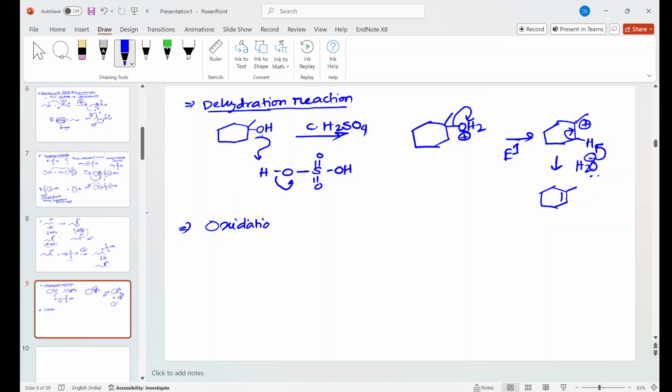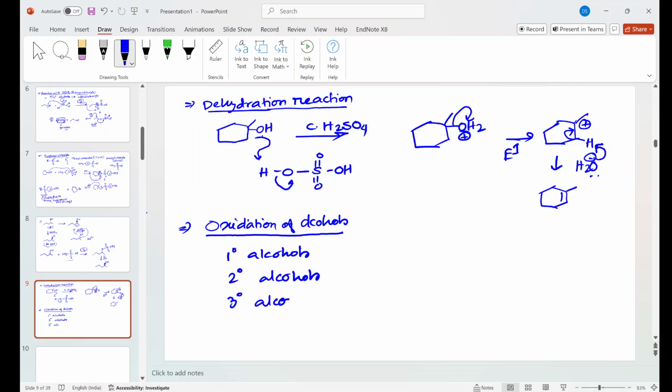oxidation of alcohol. We need to keep in mind that there are three types of alcohol: 1 degree alcohol, 2 degree alcohol, 3 degree alcohol.